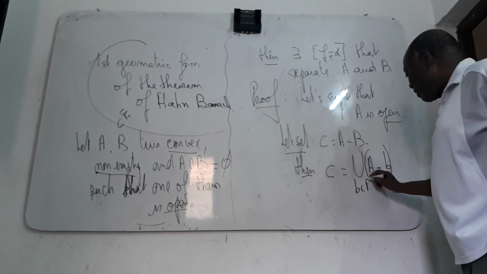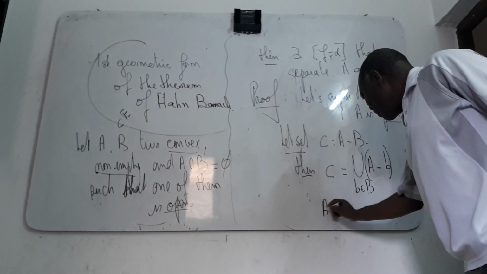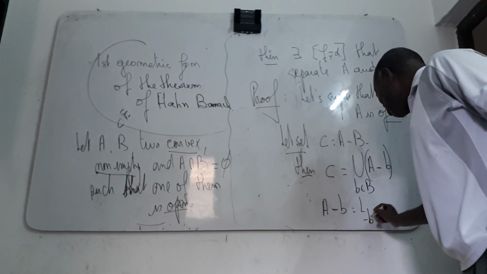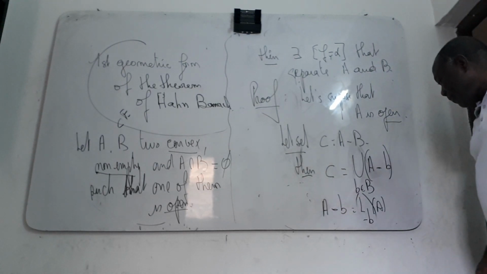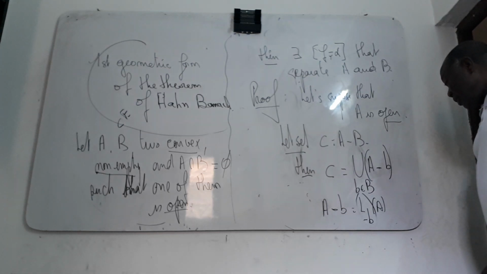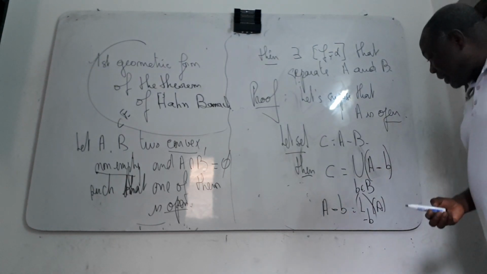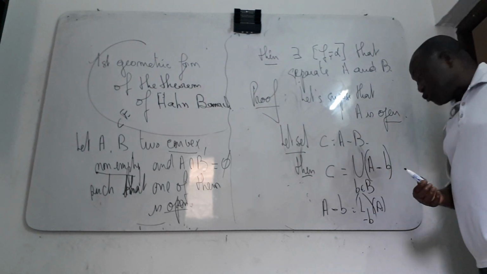For b in B, A minus b is just the image of A by the translation, which is a homeomorphism of the topological vector space. You know already, I told you at the beginning of the course, that any homeomorphism preserves topological structures.